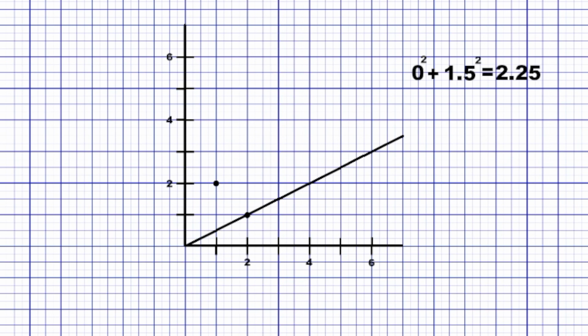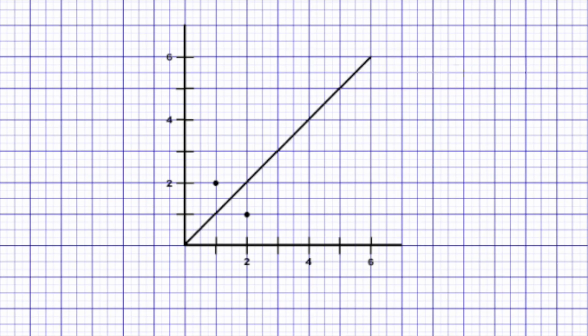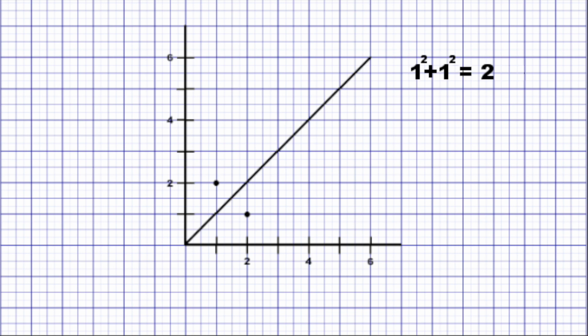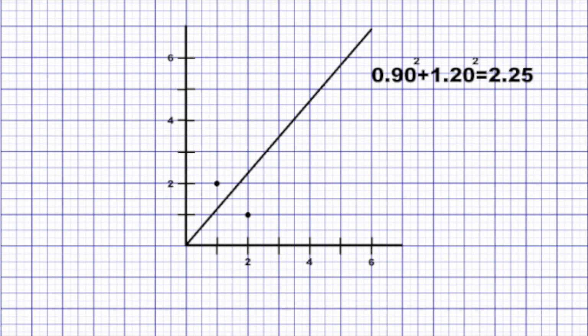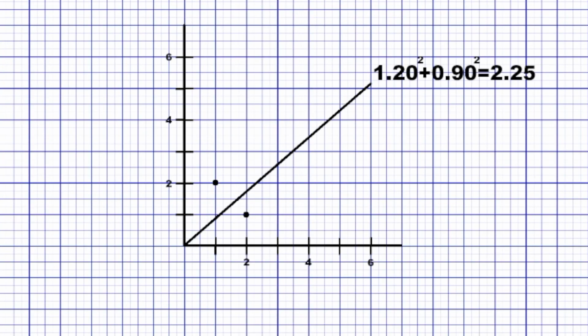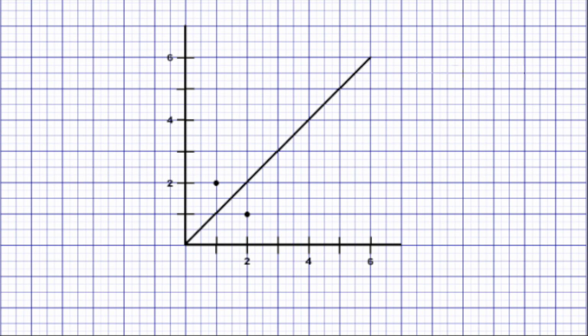However, for the equation b equals a, the sum of the squared distances is 2. If the slope of the line is over or under 1, the summed squared distances is greater than 2. Thus, we can deduce that the least squares regression line is b equals a, which visually appears representative.